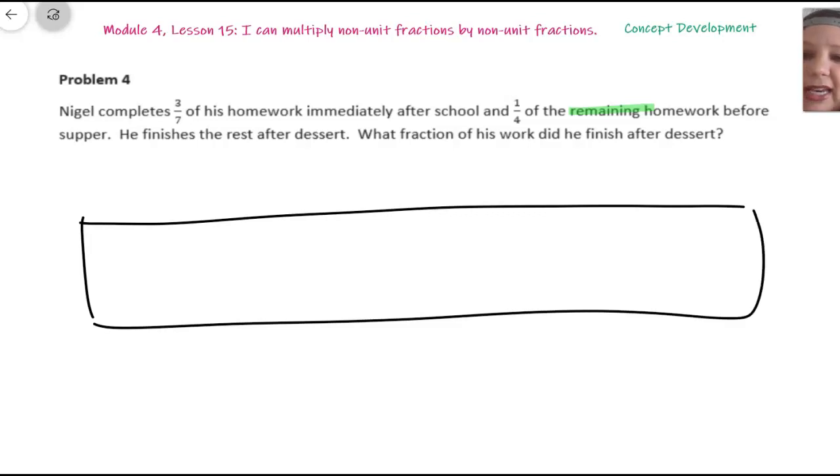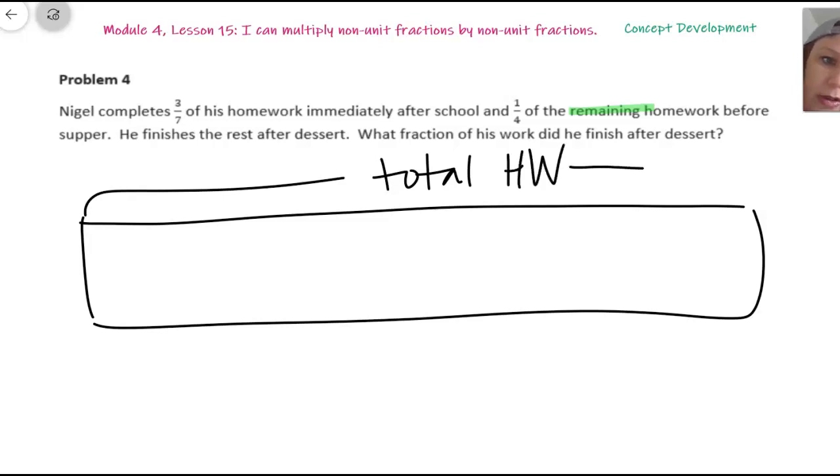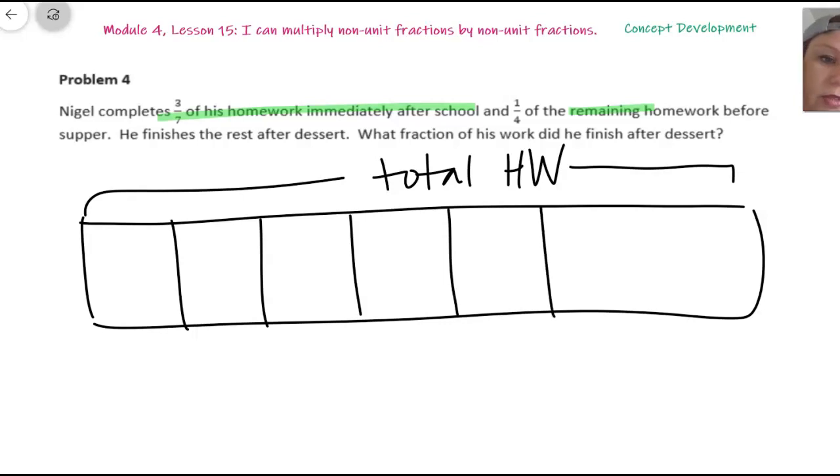And we know that his total homework is the amount right here. And it says that he completes 3/7 immediately after school. So let's go ahead and break this up into 7 equal parts. 1, 2, 3, 4, 5, 6, 7. We have 7 parts.